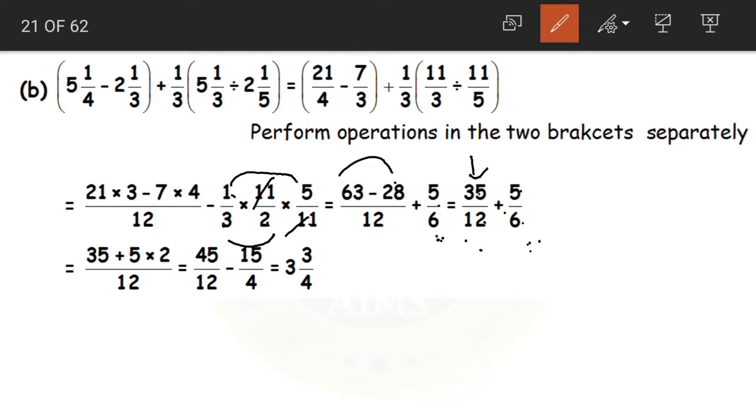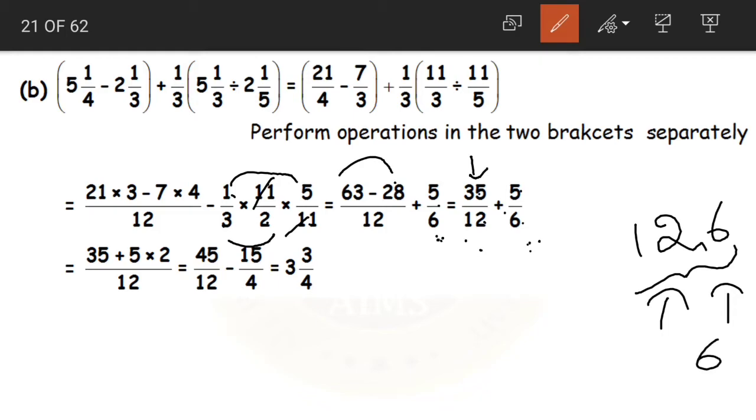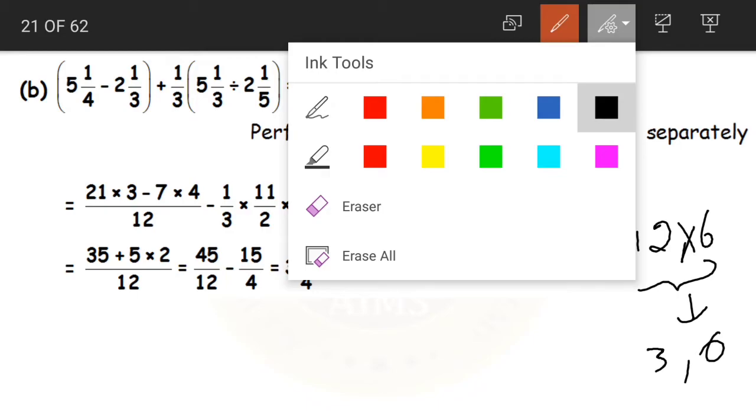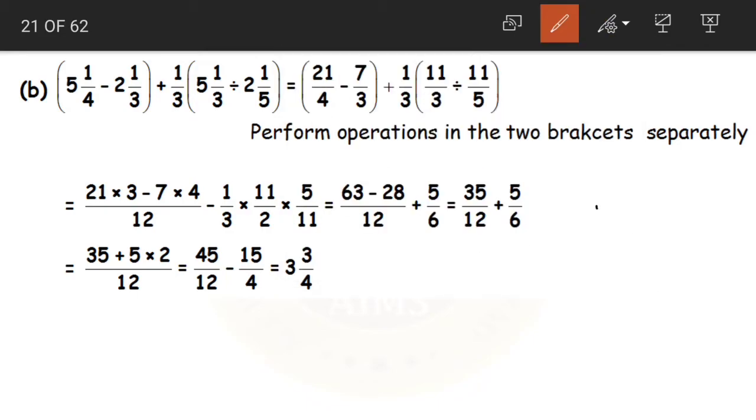Now look at both the terms here, denominators 12 and 6. They both have common factors. Both the numbers are divisible by 6 and also by 3. As they have common factors, we cannot simply write the product of both the numbers as their LCM. So we need to find the proper LCM of 6, 12.